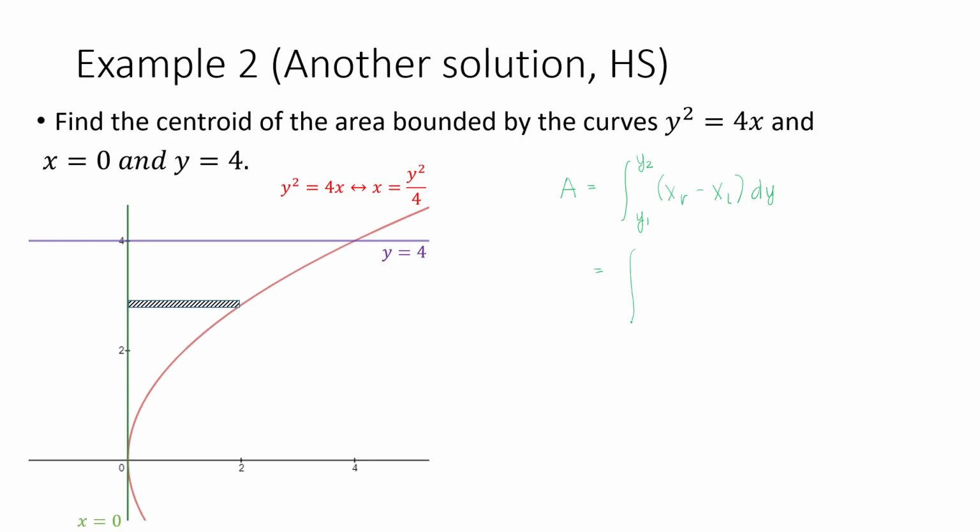So, in terms of equation now, x right is equal to the red graph, that is y squared over 4. Then the left one is the y-axis, or x equals 0. Then from 0 to 4. Then the area would still be the same, right? So this would be 16 over 3 units.